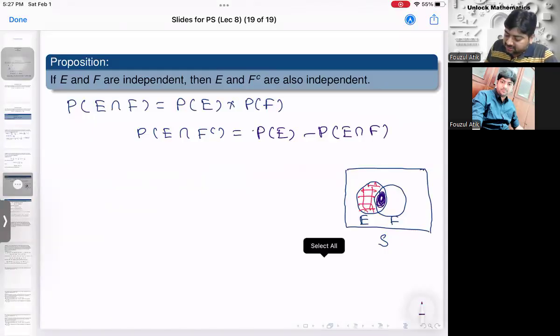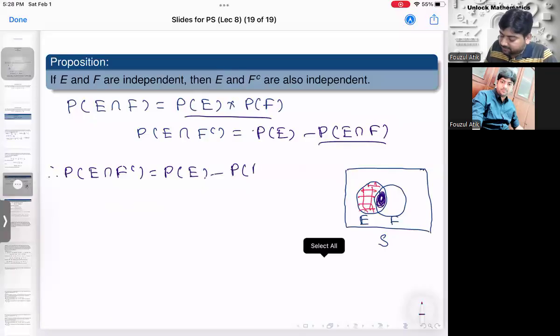So we have these things. Now P of E intersection F equals P of E into P of F. So I can have P of E intersection F complement equal to P of E minus P of E into P of F. Take P of E common, we get 1 minus P of F. But 1 minus P of F is what?